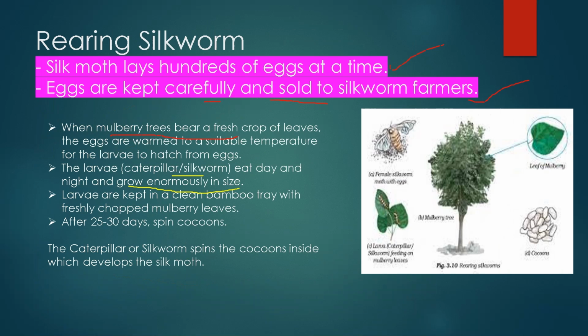When they grow in size, farmers keep them in clean bamboo trays with freshly chopped mulberry leaves. But after 20 to 30 days, they spin cocoons, which means they start weaving. The caterpillar or silkworm spins the cocoon, inside which it develops into a silk moth.